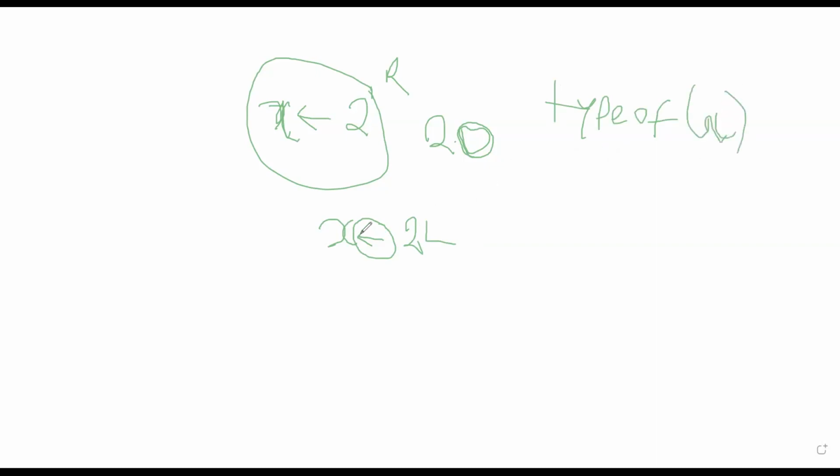When you ask for the typeof X, it gives you double, but if you put L, it gives you integer. The character is more or less like your string in Python.